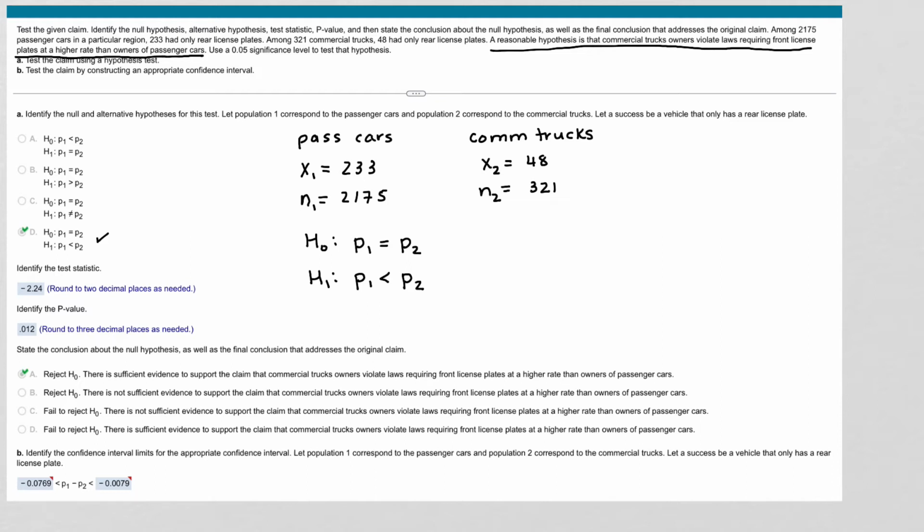Because we're comparing two proportions, we're going to use 2-prop z-test in your calculator, and we're going to put in all of this information.